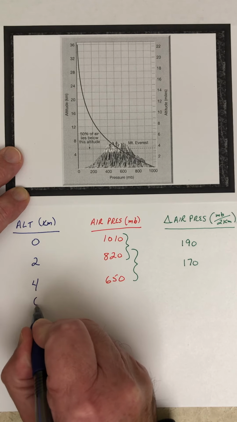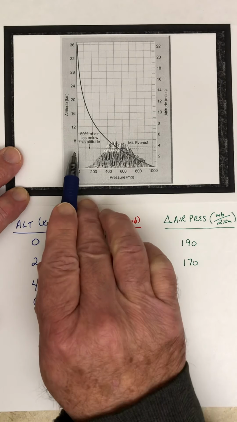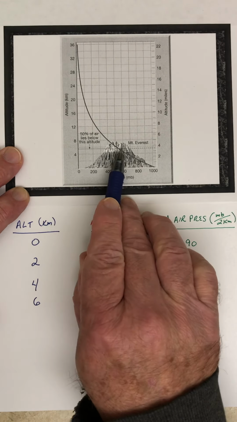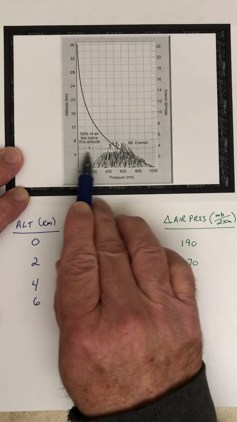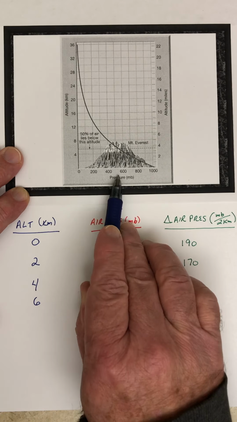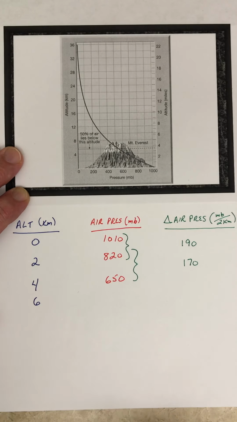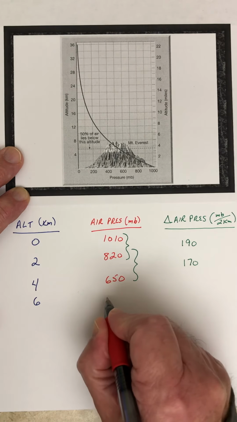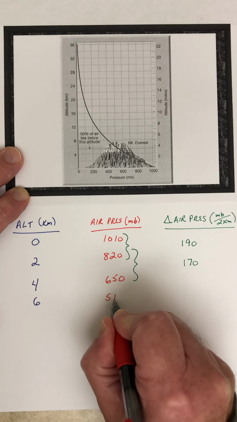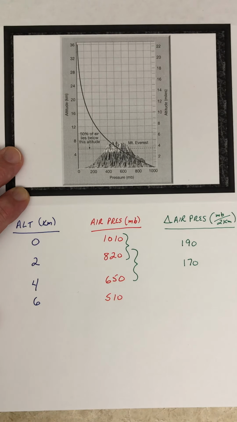You'll see that this is a pattern that becomes established. Let's go up another 2 kilometers, to 6 kilometers, read this across to the line and bring it down. We find that at 6 kilometers, our air pressure is typically about 510 millibars.